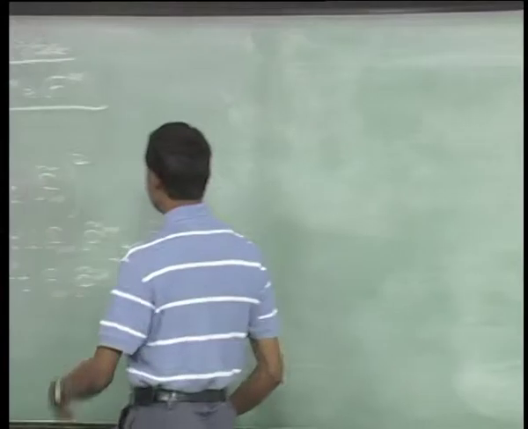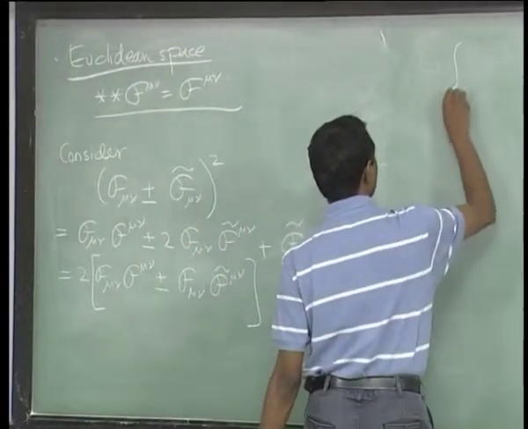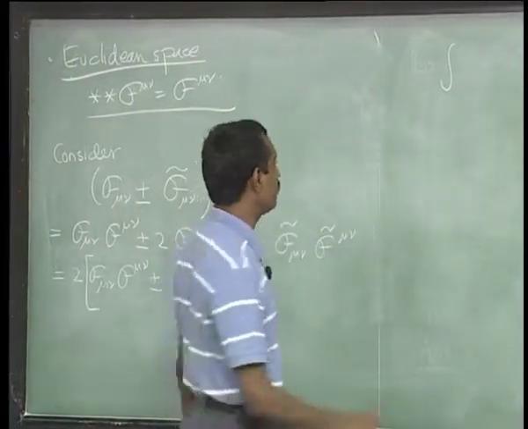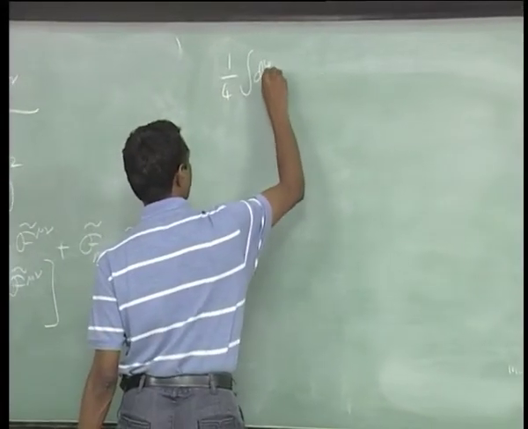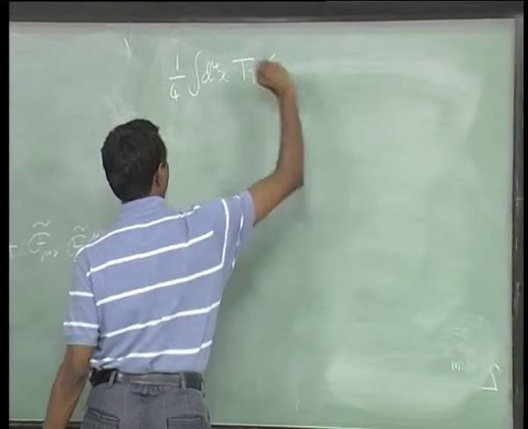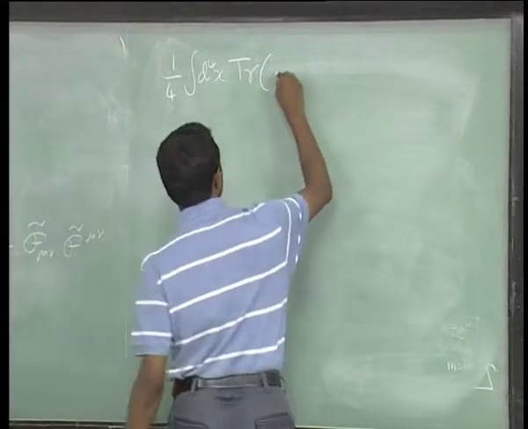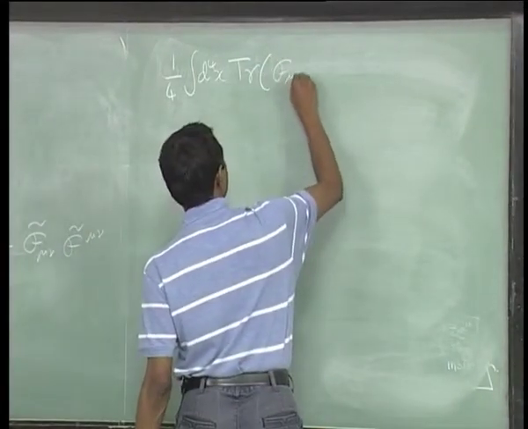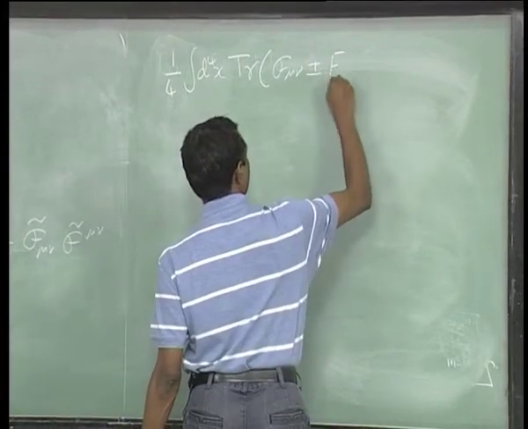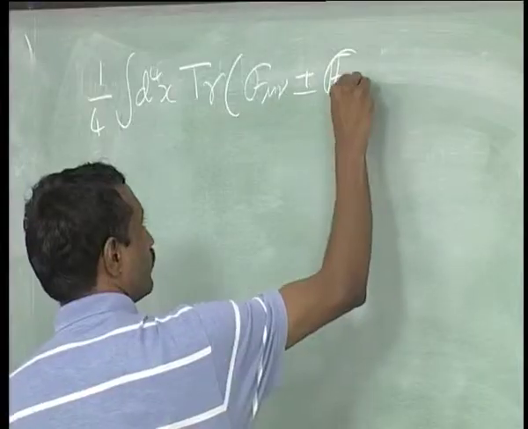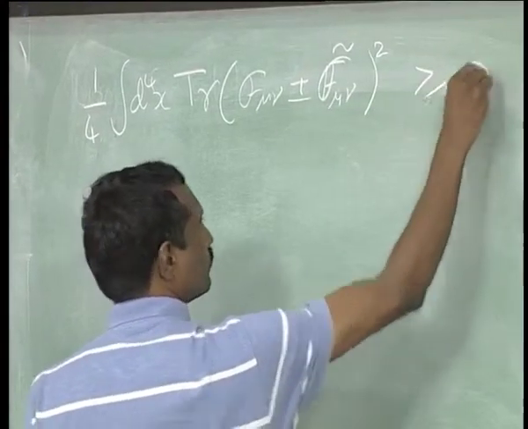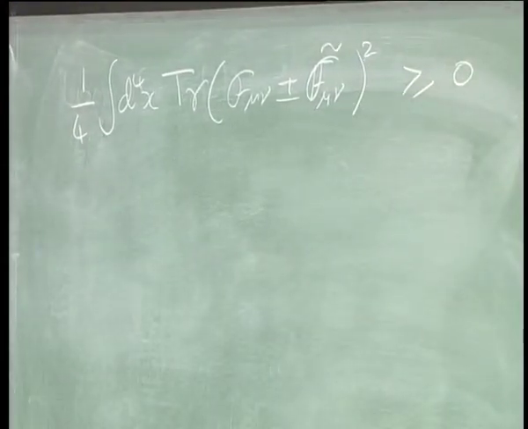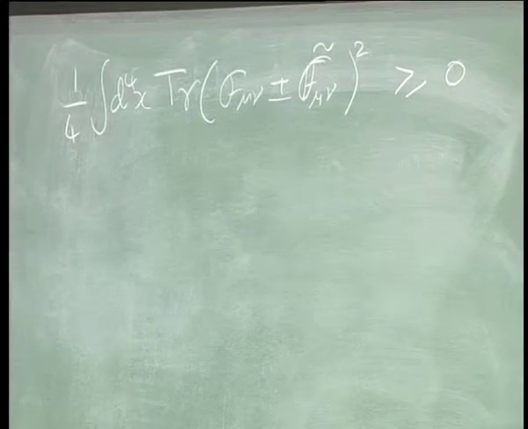So what we can see is that the integral of 1/4 d4x trace of this must be greater than or equal to 0, not a deep statement.